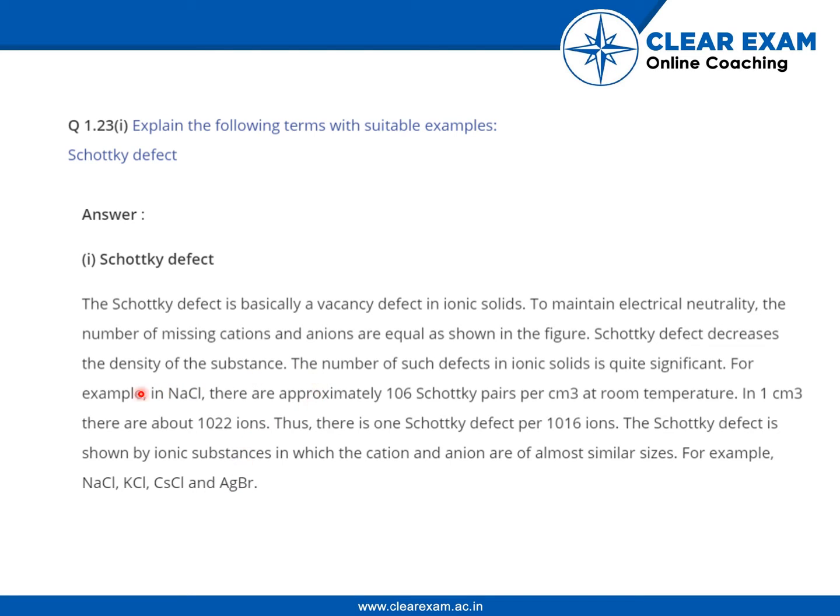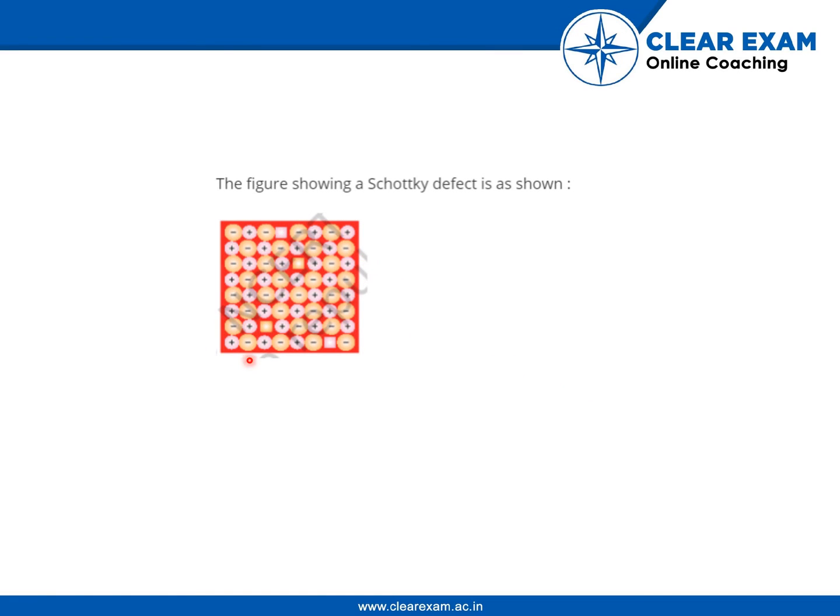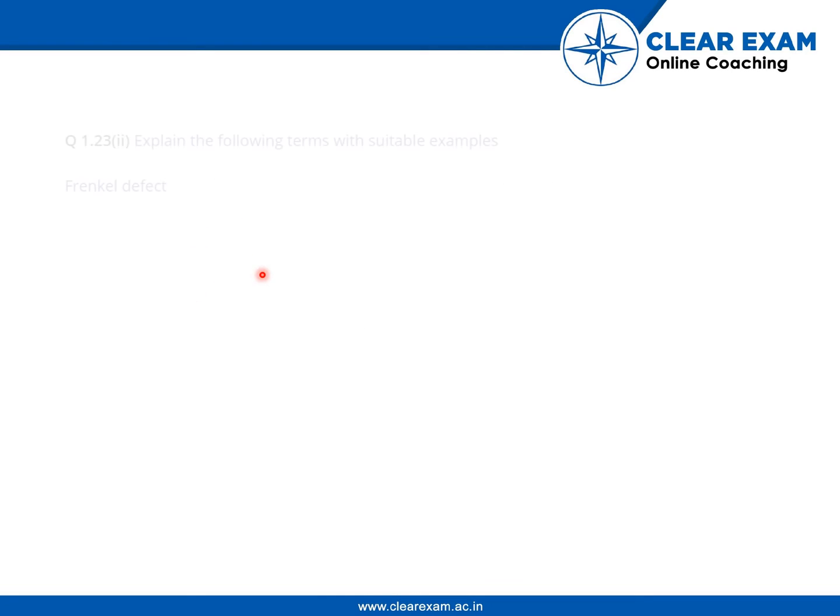You don't have to learn the data given here, 10^6, 10^22 and 10^16. This is just to increase your knowledge and make things interesting. You can see that the number of vacancies is evenly distributed amongst the positive as well as the negative.